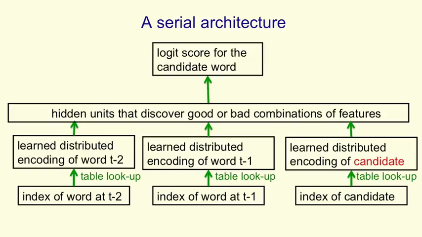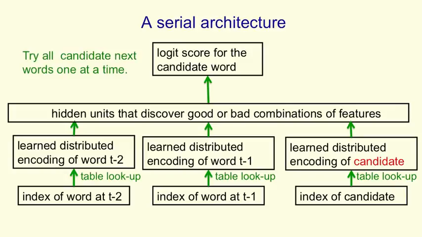Of course, we have to run forwards through this net many times, but most of the work only needs to be done once. So the inputs from the context to that big hidden layer are the same for every different candidate word. The only bit we need to run for each candidate word is the inputs coming from the candidate word and the final output to the score.